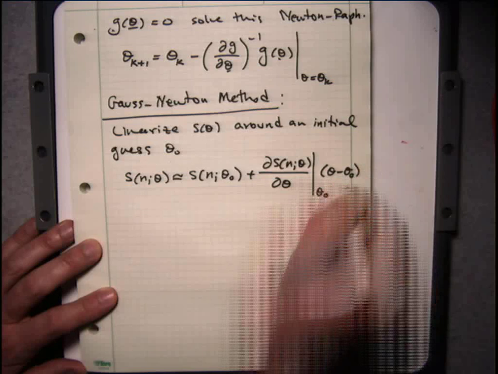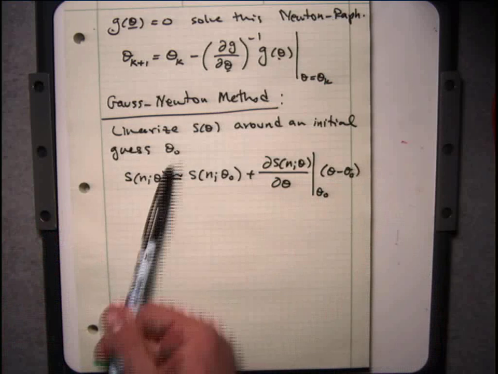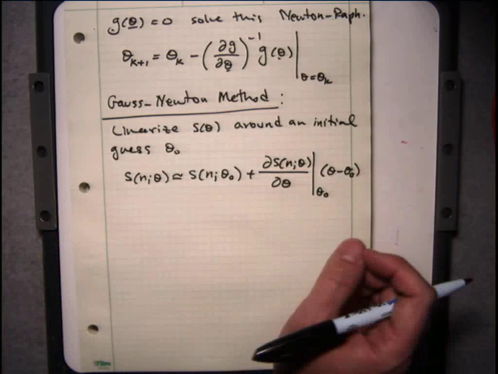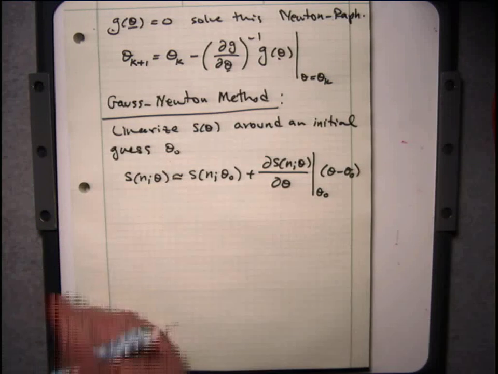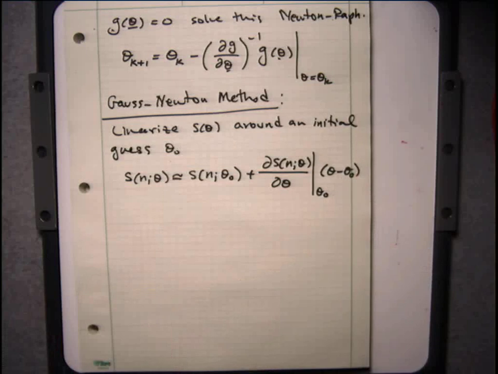This is a first order Taylor series expansion. I've completely ignored all the higher order terms. I can do that because I'm assuming theta minus theta 0 is small enough. In other words, theta 0 is close enough to the right answer that if I square this and cube it and so on, they'll just get smaller and smaller.